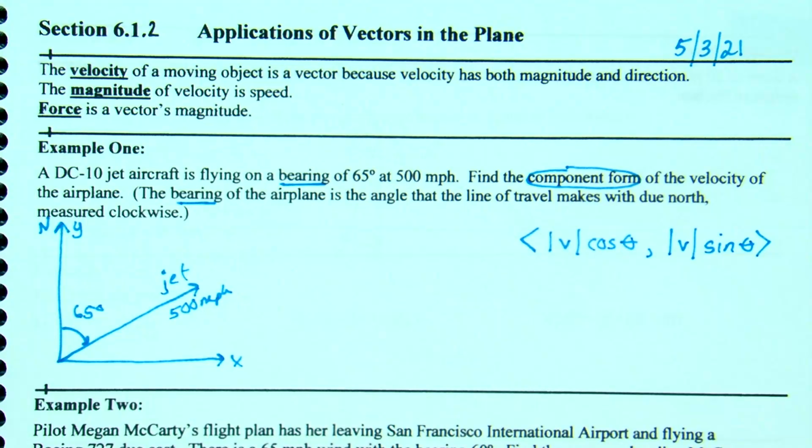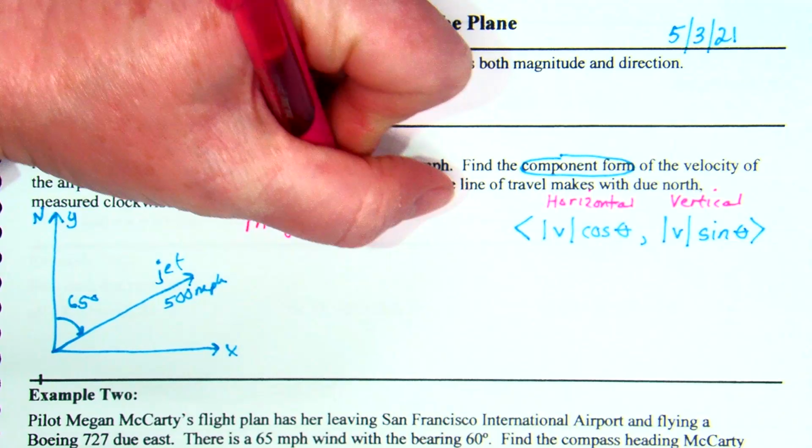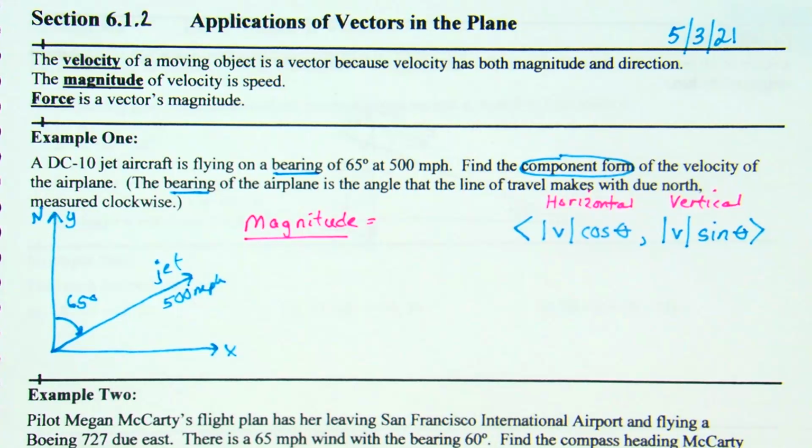So, we're trying to find component form, which means we need those horizontal and vertical components. So if we're going to do that, absolute value of V, yes, we need to know the magnitude. Well, thoughts on magnitude here? Magnitude is the velocity. Do we know a velocity? And velocity is speed. So, magnitude of velocity is speed.